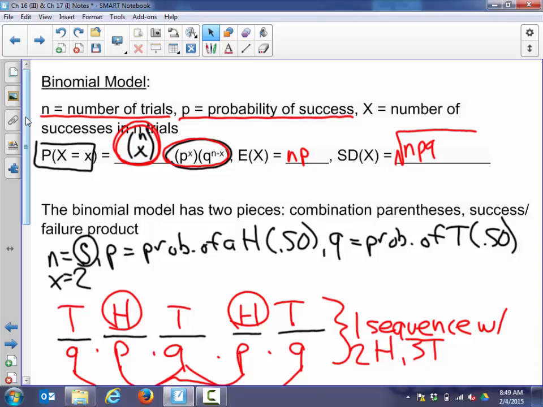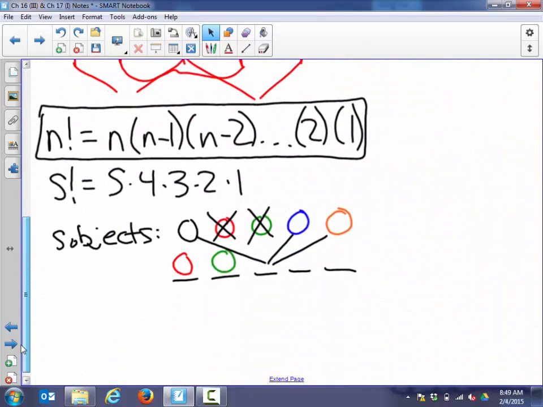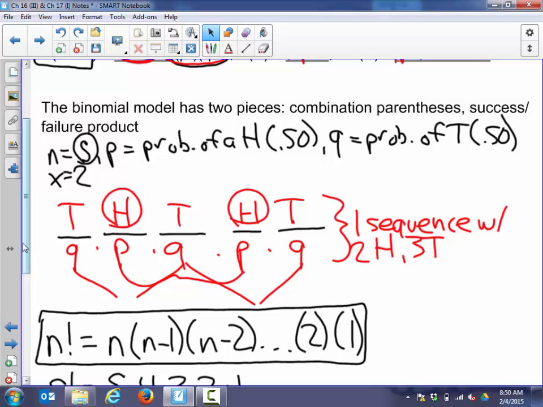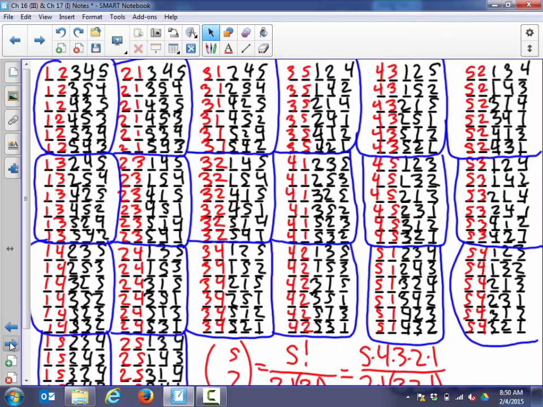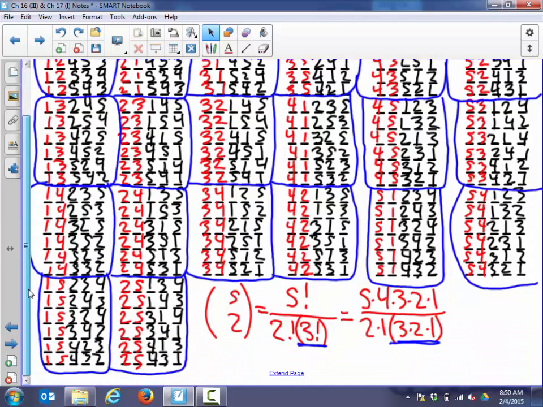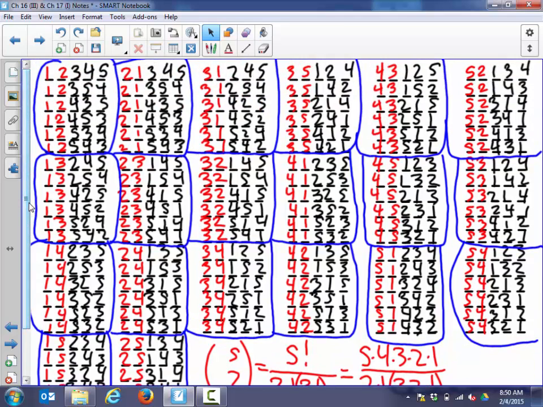All right, so the factorial solves the problem of how many different ways you can get 2 tails, or 2 heads out of the 5 flips of the coin.